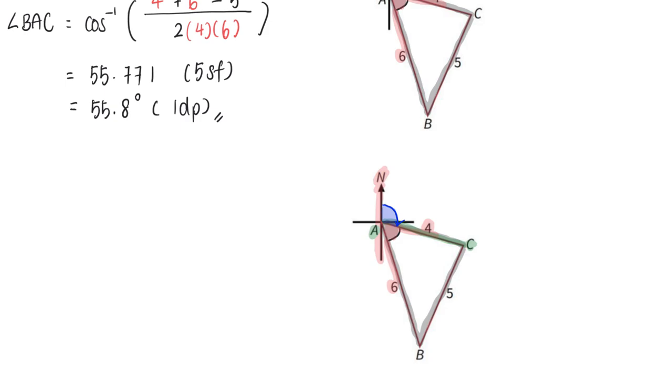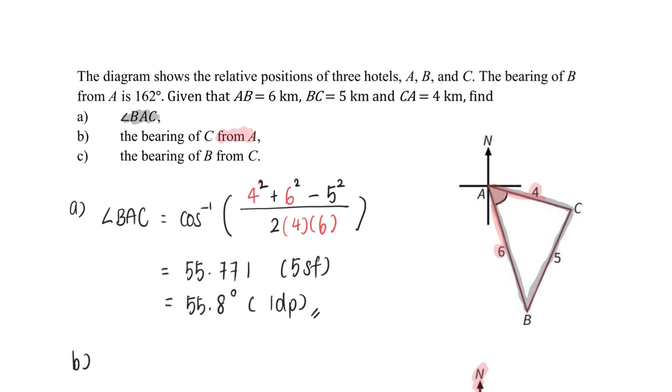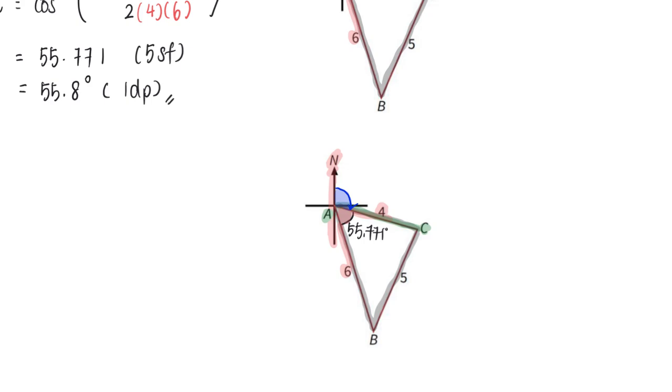And because we already know from part A, this is 55.771. Going back to the question, I saw this piece of important information: bearing of B from A is 162 degrees. What this means is that from here, AB is the ending line.